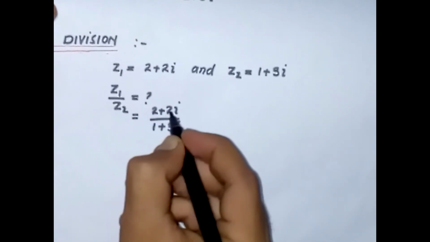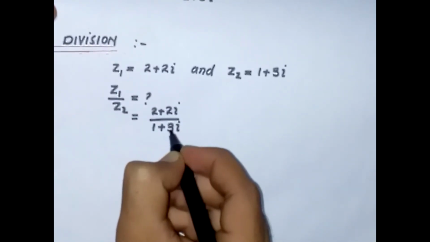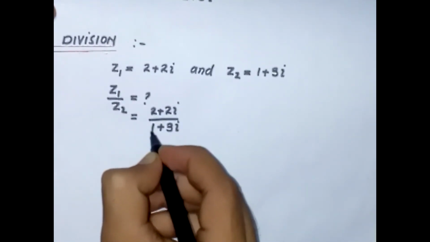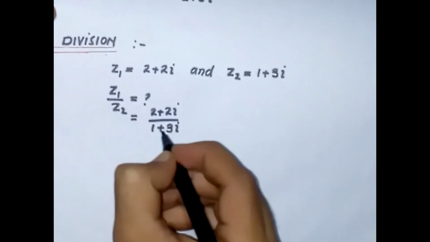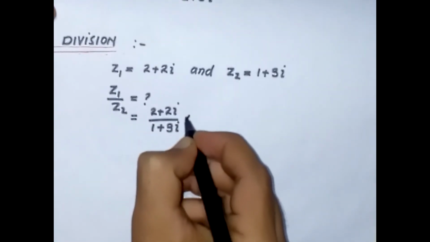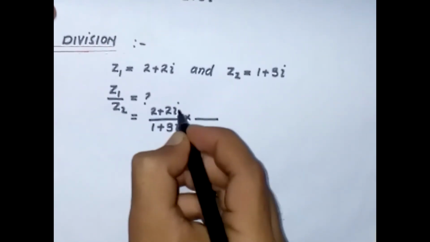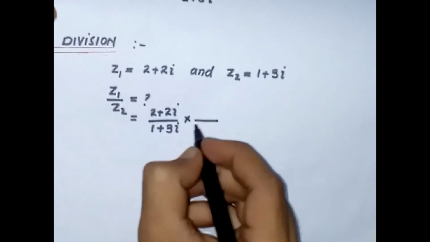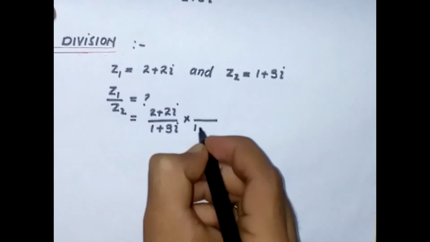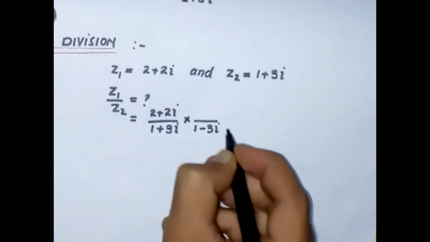To divide, the first step is to rationalize the denominator. To rationalize the denominator, multiply the numerator and denominator by the conjugate of the denominator. The conjugate of this number is 1 minus 3i.